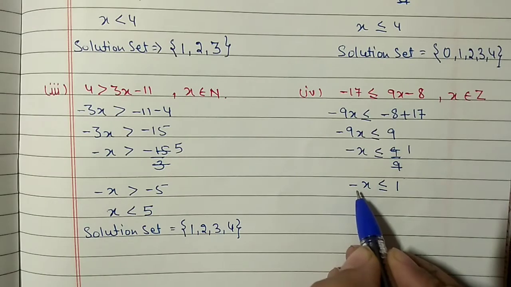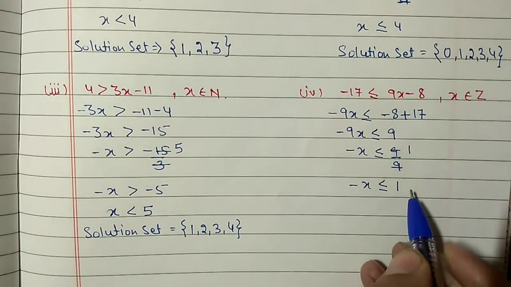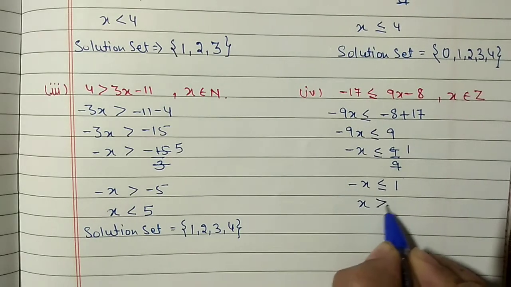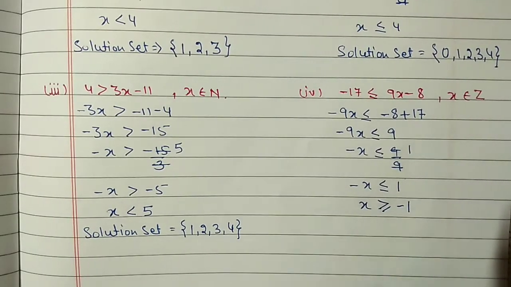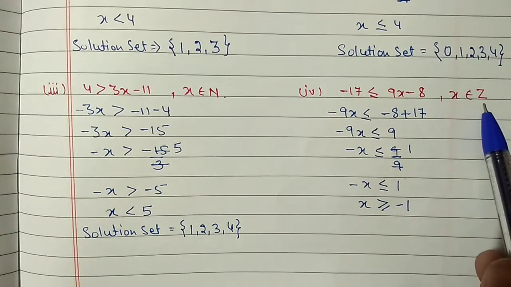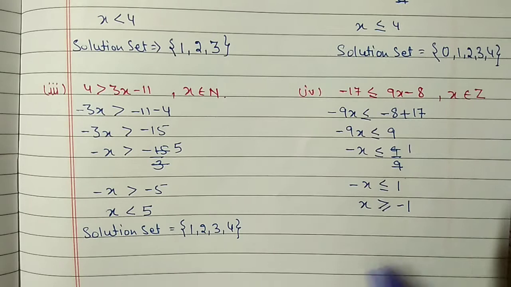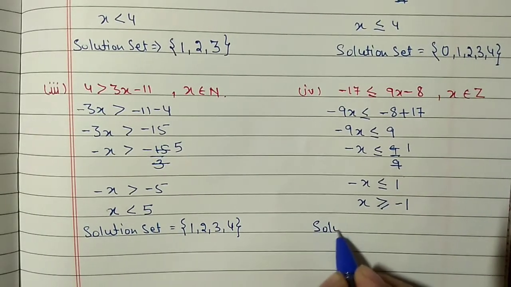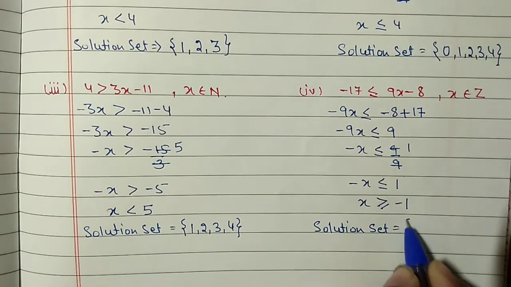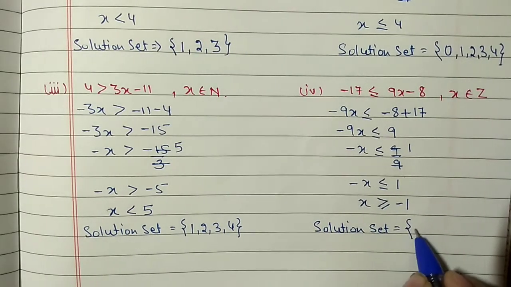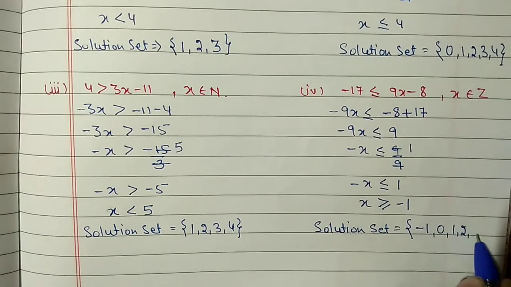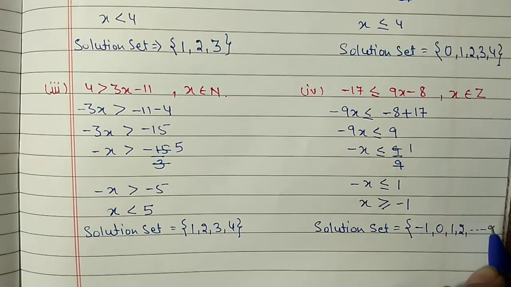We should not keep minus with x, we have to shift another side, and when we will shift this minus, in that case also we have to reverse this symbol. So x is greater than equal to minus 1 and here replacement set is given Z. Z means integer. So integer we have to take which are greater than equal to minus 1. Because equal to symbol also is there, so we will start from minus 1, then 0, 1, 2 and integers will go up to infinity.